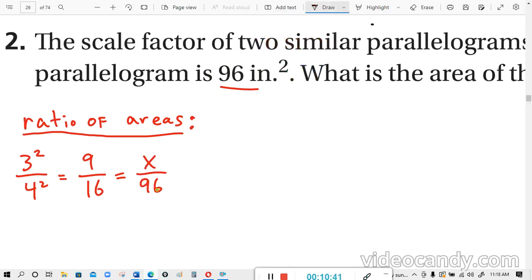So this first fraction was the ratio of the areas, and the second fraction was the actual areas. Of course from here you just cross multiply. Top times bottom is 9 times 96.